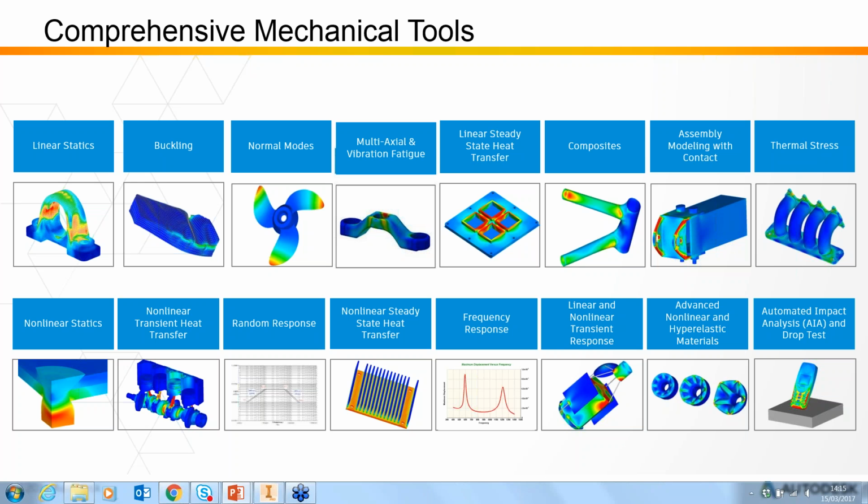Also non-linear analysis, and this can mean accounting for stiffness changes under load, and also what happens when it goes beyond its yield strength. How will it deform? Will it recover? So these are all capabilities within one license of Nastran In-CAD. You don't have to purchase additional modules to have access to them.